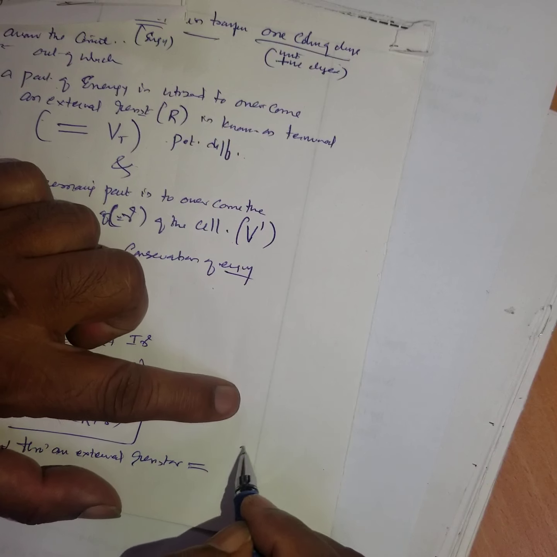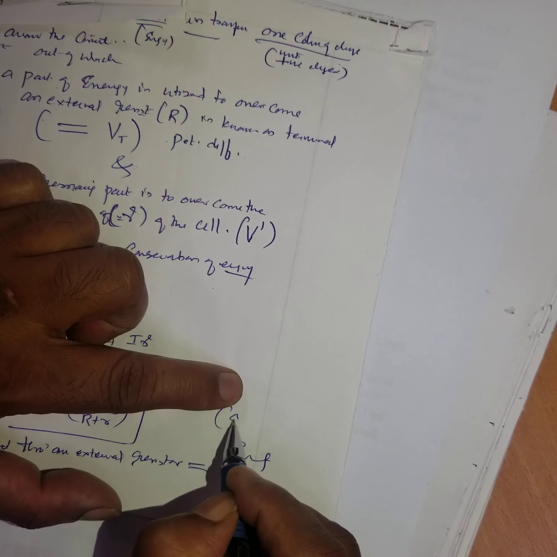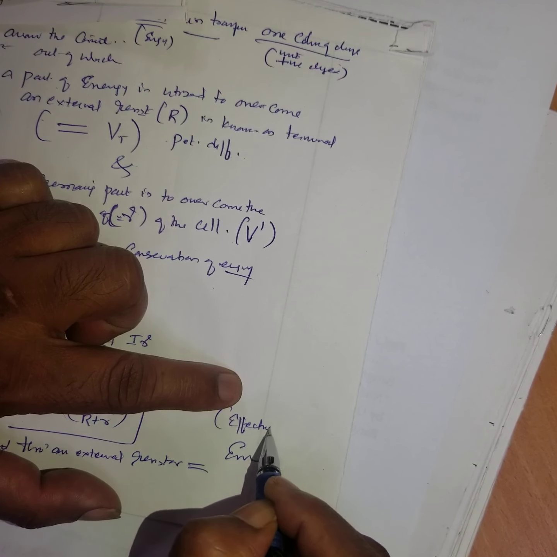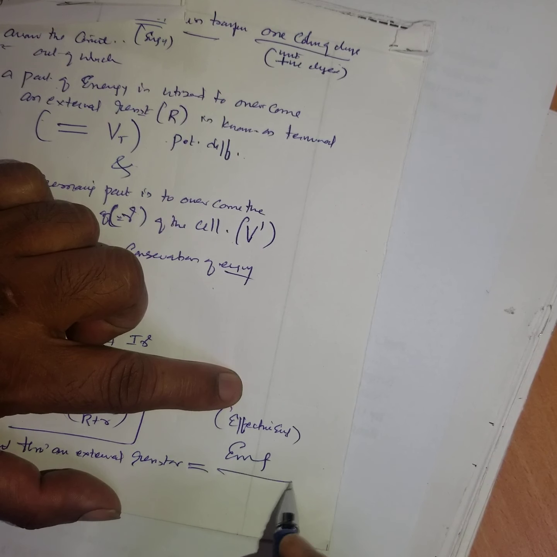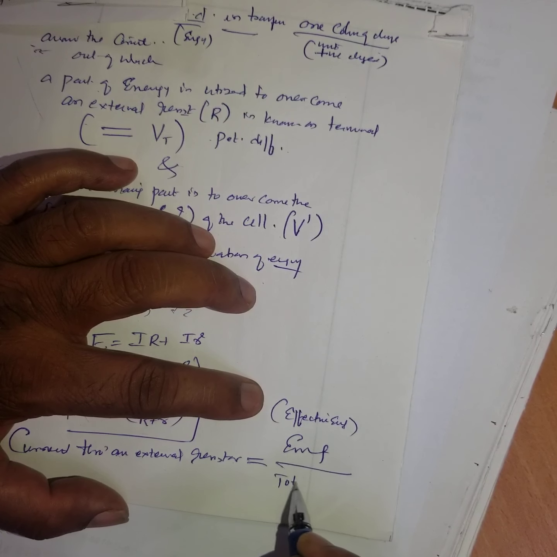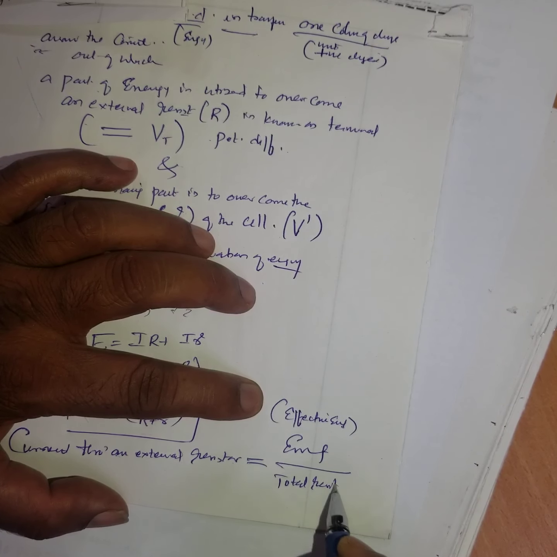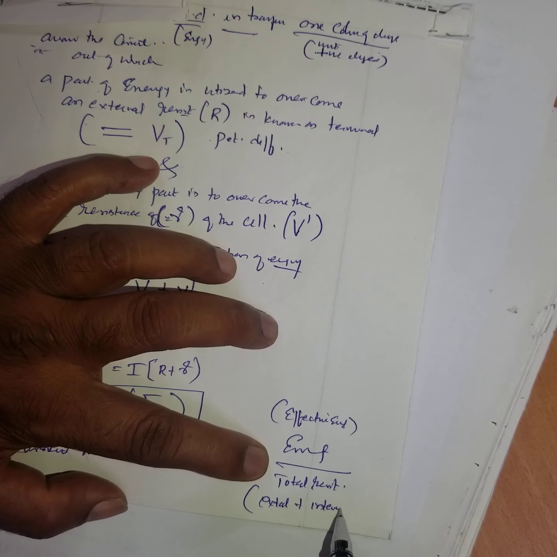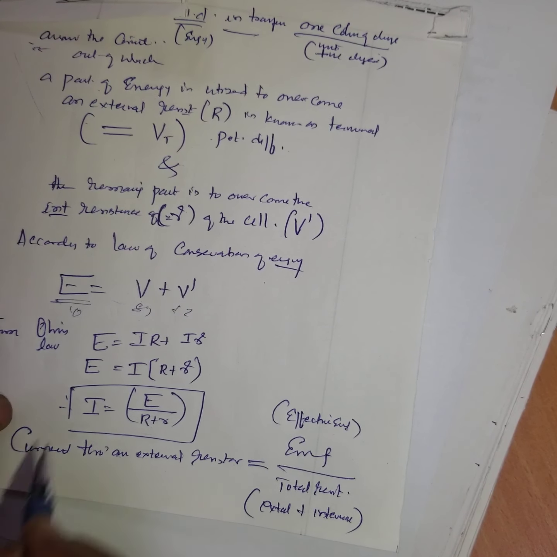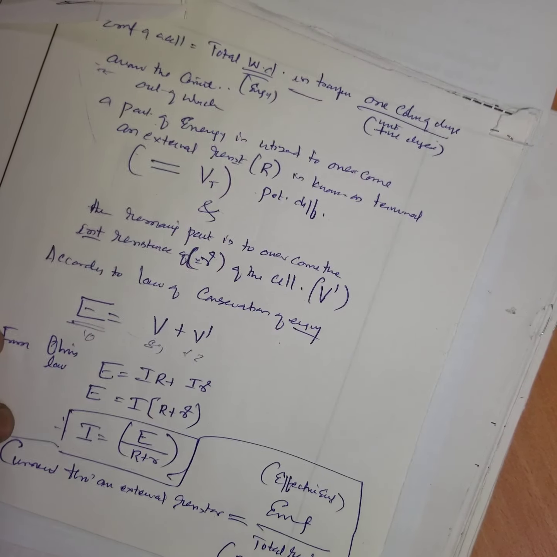EMF, sometimes effective EMF, you write effective EMF, electromotive force to total resistance. What is total? External plus internal resistance. You understood? Now what you have to do, how they will allot the mark for this?